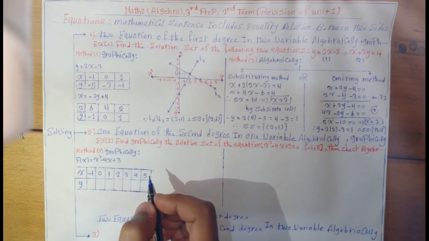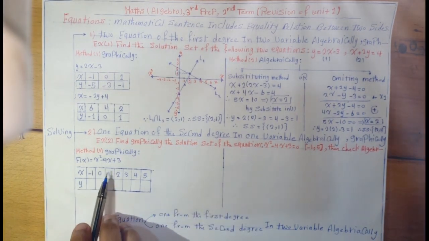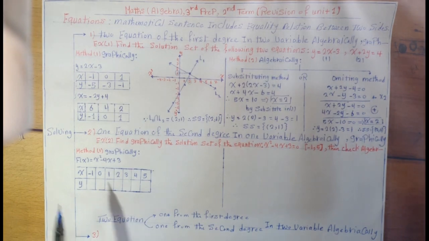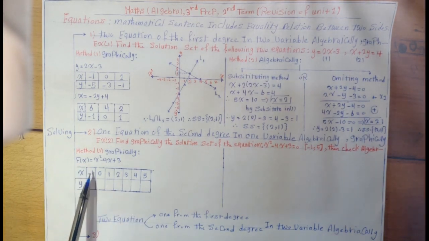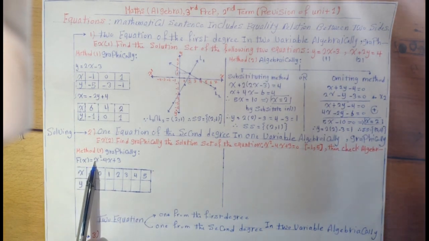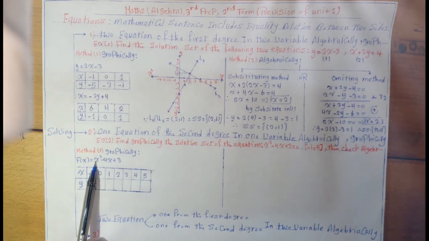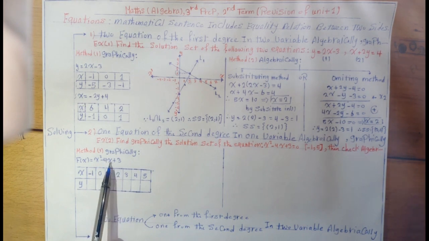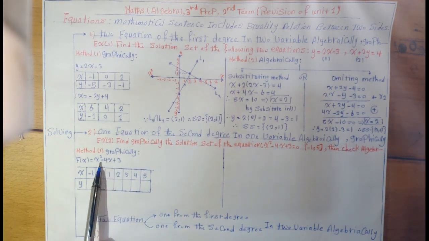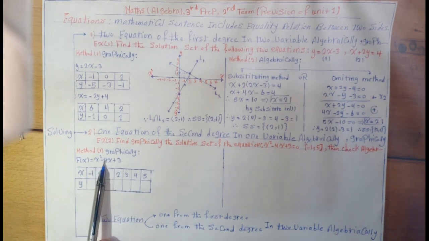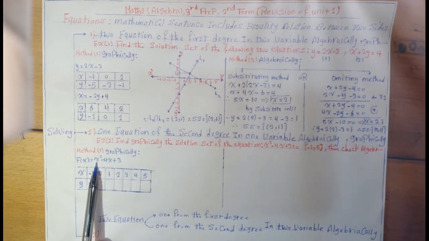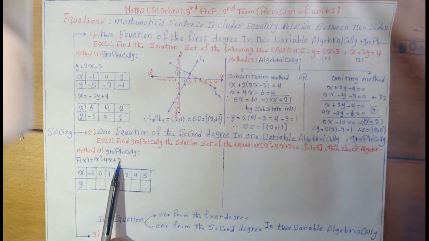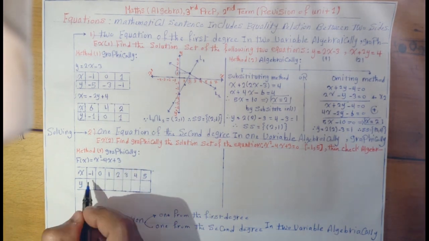Now we will substitute these numbers in the function f of x. So f of negative 1 equals negative 1 power 2 equals positive 1, negative 4 times negative 1 equals positive 4, positive 4 plus 1 equals positive 5, positive 5 plus 3 equals positive 8.